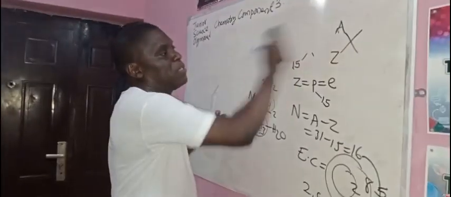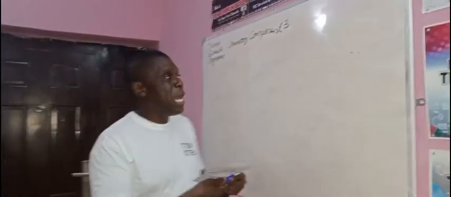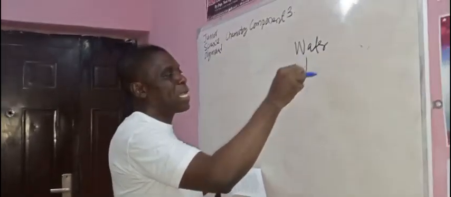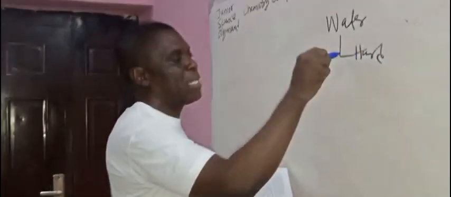Now, look at this. Hardness of water. We are going to spend some time on this also. Hardness of water is mainly due to the presence of. Now, we have 2 types of water. Water can be hard, we call it hard water, and it can be soft.